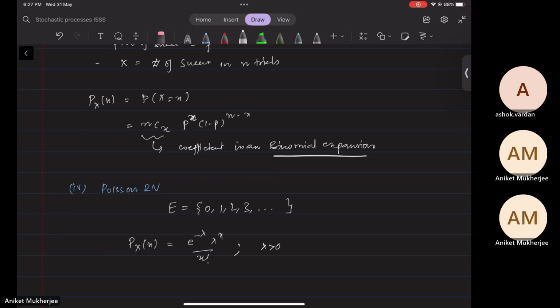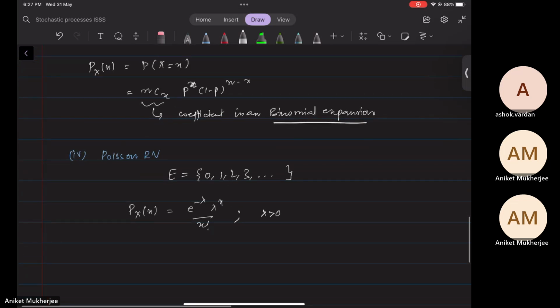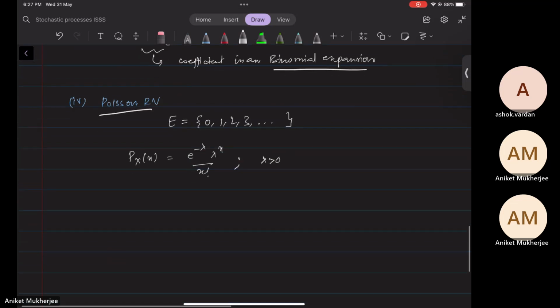Lambda is greater than 0. There are a number of places where we model many things as a Poisson random variable. We'll talk about this when we talk about Poisson processes. So next is the continuous random variable.